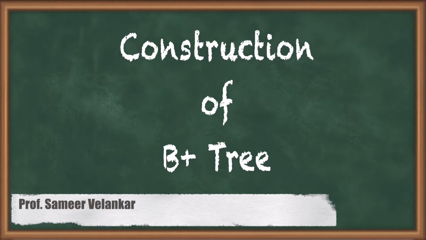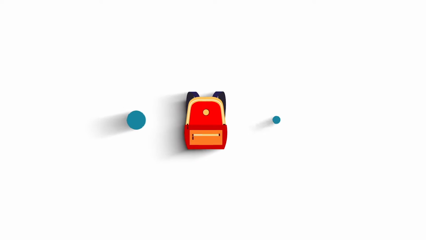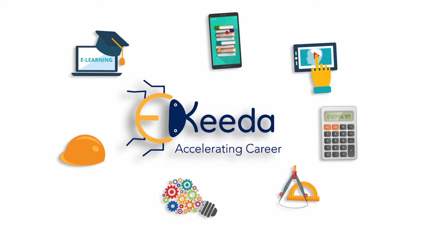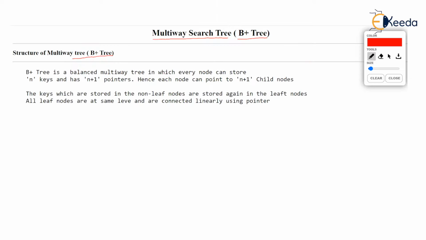The previous video was very short, in which I just explained what is B plus tree and what is the difference between B and B plus tree. Well, you all know that B plus tree is also balanced like B tree, and every node stores n keys and will have n plus 1 pointers.